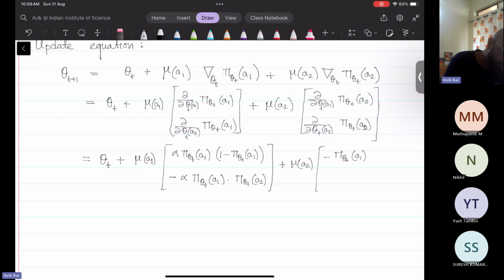I'm writing a1 first, I think that's okay. And here alpha pi theta t a2 times 1 minus pi theta t a1.